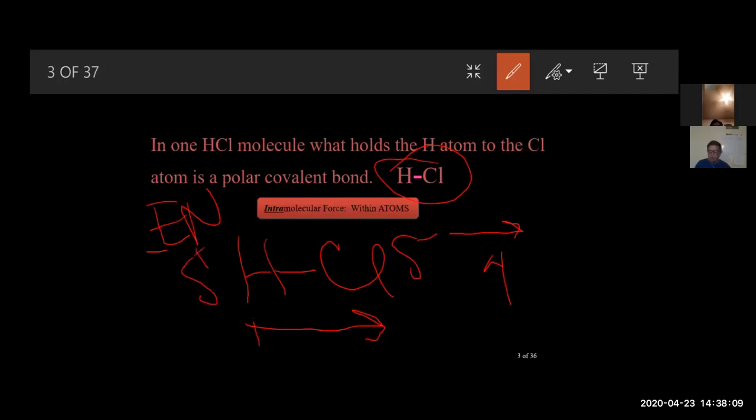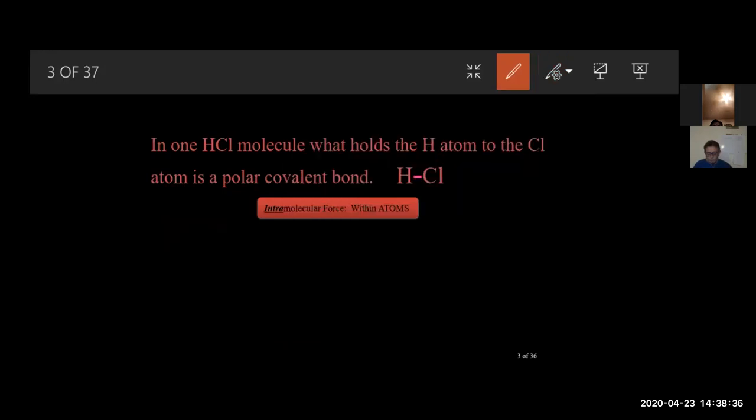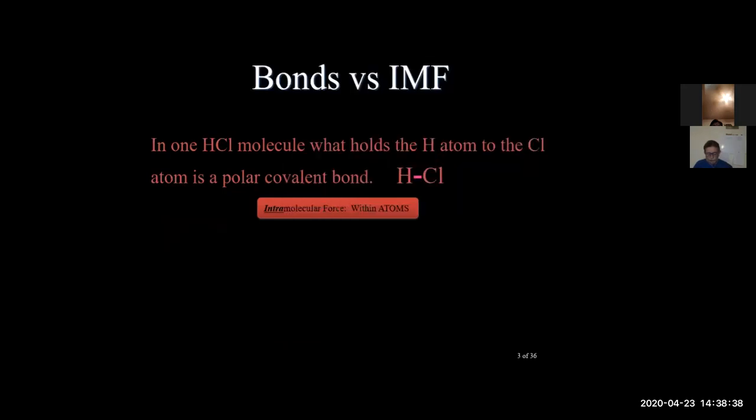Not a full charge, but a partial one. So now you can see that the negative side can interact with another molecule of hydrogen chloride on its positive side. That's the type of forces that we are working with and dealing with in this particular chapter. So you've got to refresh your memory about polar bonds and which direction that polar bond is going. Okay, let me erase some of this, getting too crazy there.